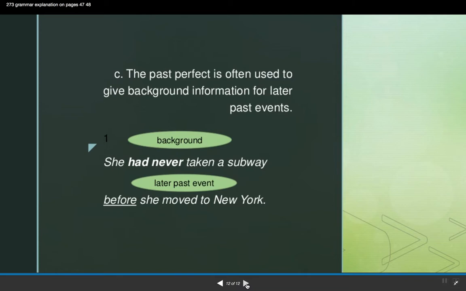And the past perfect is often used to give background for later past events. She had never taken a subway before she moved to New York. So this is something that happened in the past, and this was a situation that is connected to it that happened before it. Or really, this didn't happen before it, but this is background for this.